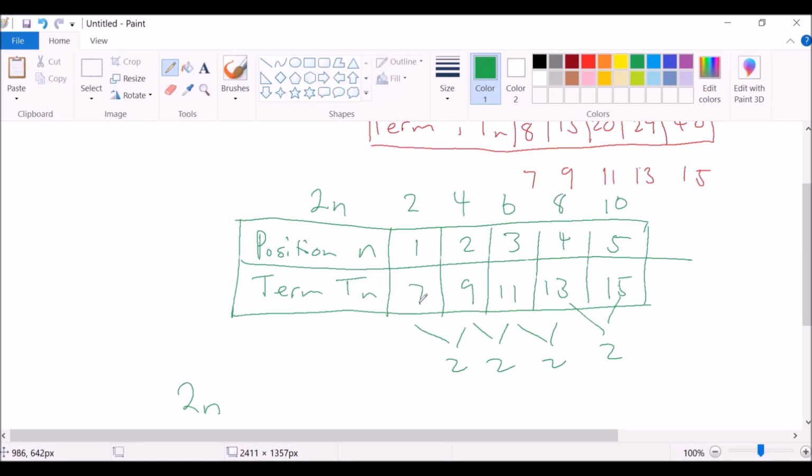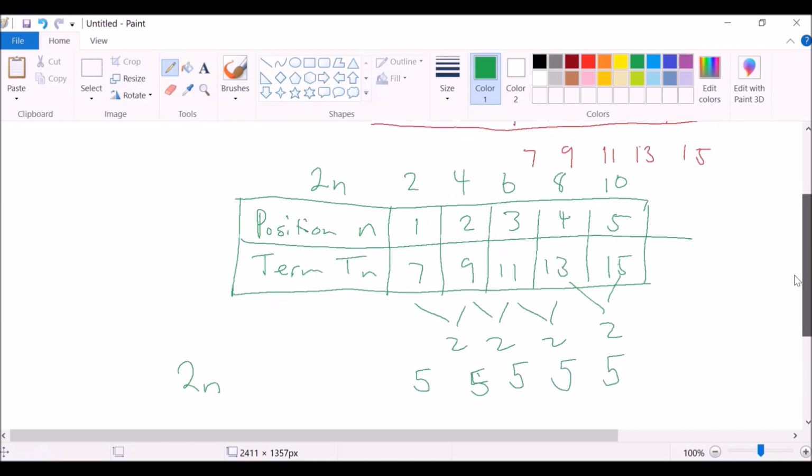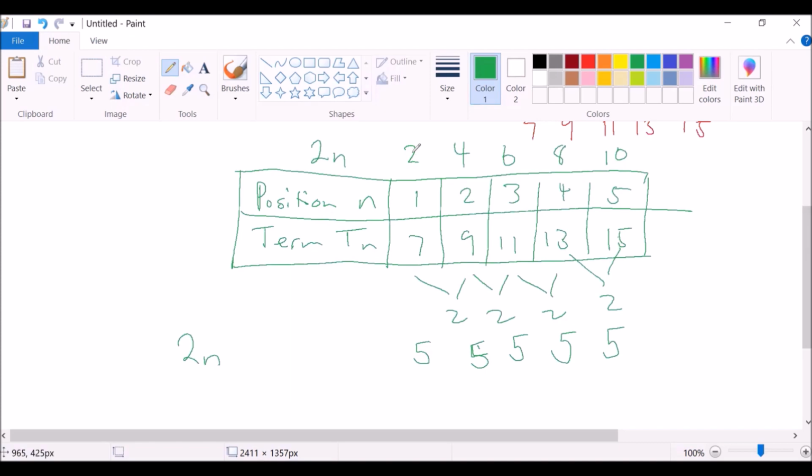Now let's look at the difference between the terms and 2n. 7 minus 2, 5. 9 minus 4, 5. 11 minus 6, 5. 13 minus 8, 5. 15 minus 10, 5. So we can say 2n plus 5 will give us the term.